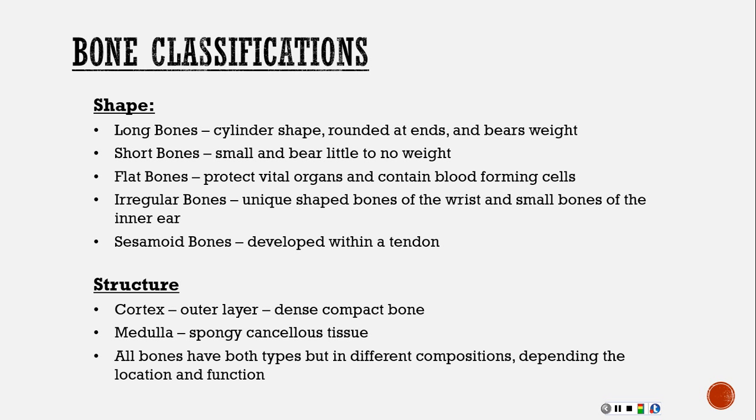All right, flat bones. They protect vital organs and contain blood-forming cells. Does anybody know what a good example of this might be? Okay, scapula. Yeah, scapula is an excellent example. What else? Yeah. Now they tend to, they kind of fall in a different category.